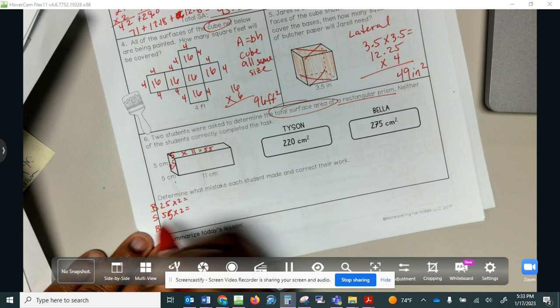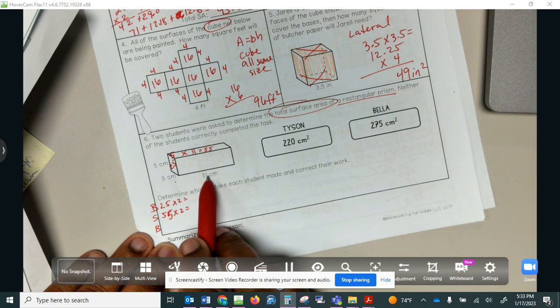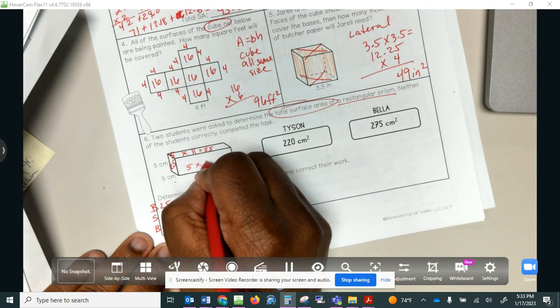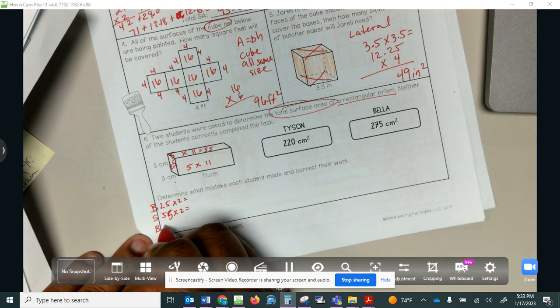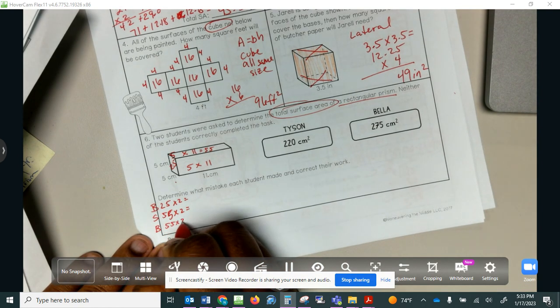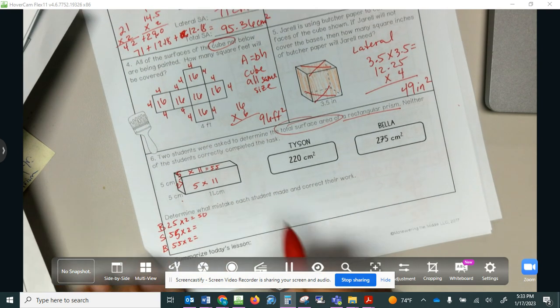And then my bigger side was also a 5 times 11. So that's 5 times 11, which is the same thing as 55. So 55 times 2. And so 25 times 2, that's 50.